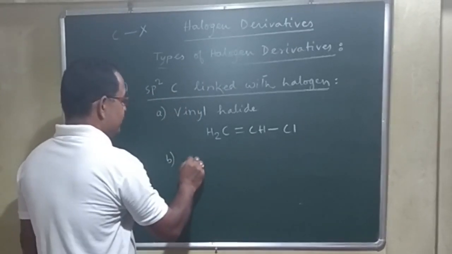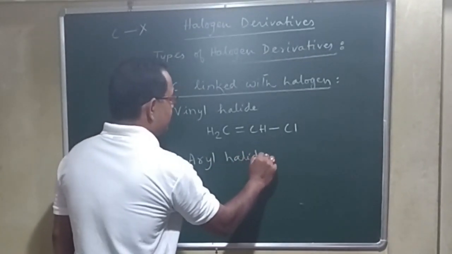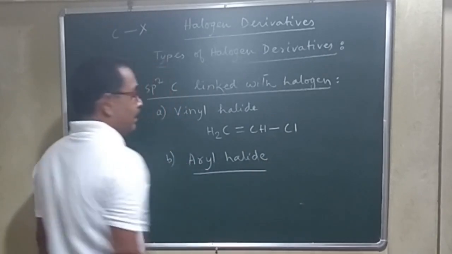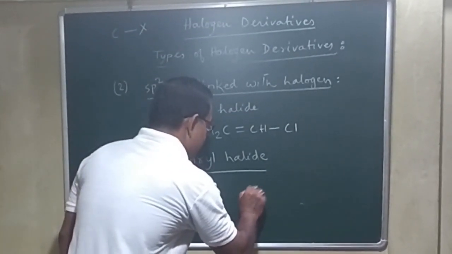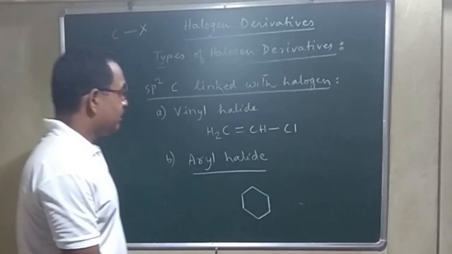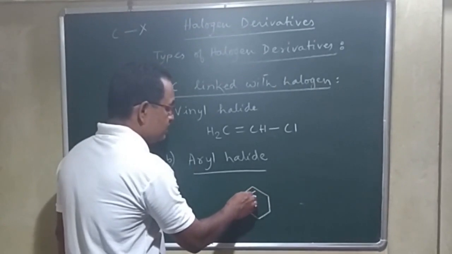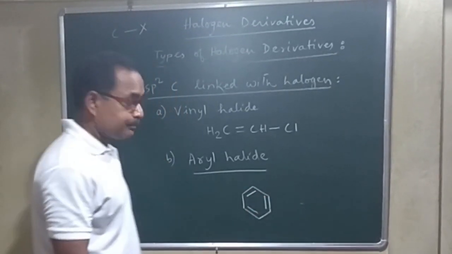Number B, this is aryl halide. We all know that aromatic carbon is sp2. In aromatic compounds, the state of hybridization of carbon atom is sp2.